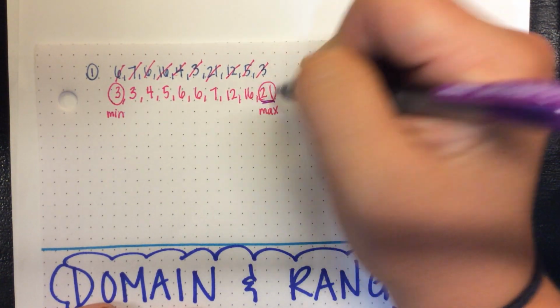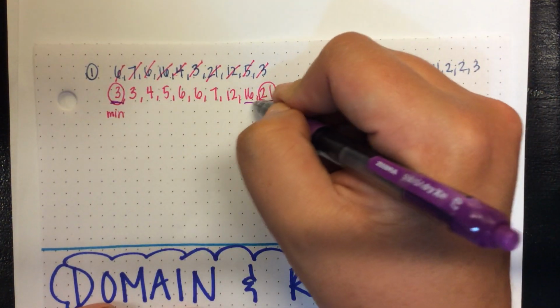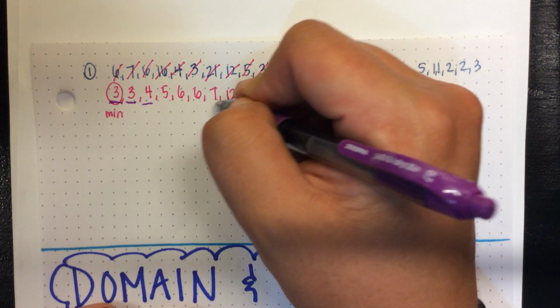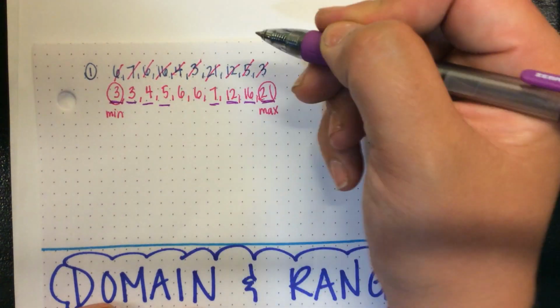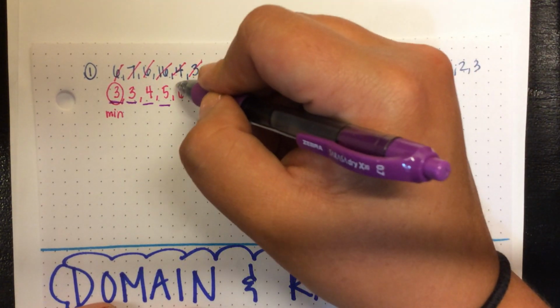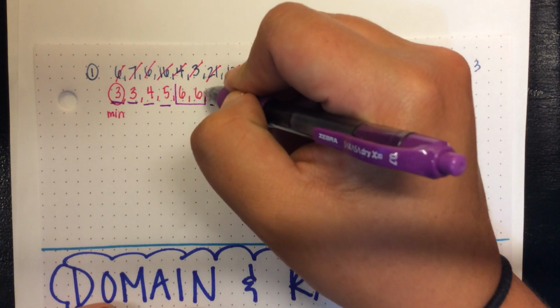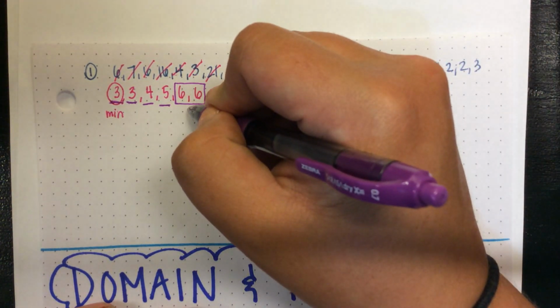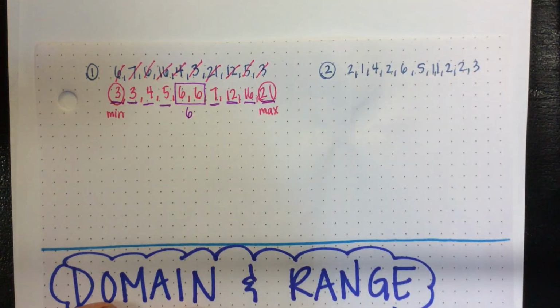I'm just going to take one from both sides, keep going until I get down to my middle. In this case, I've got my middle 2, and they happen to be the same. So that means that my median is 6, because halfway between 6 and 6 is still 6.